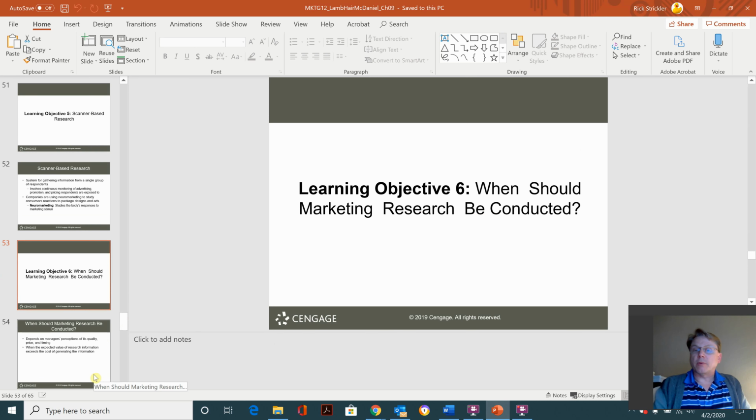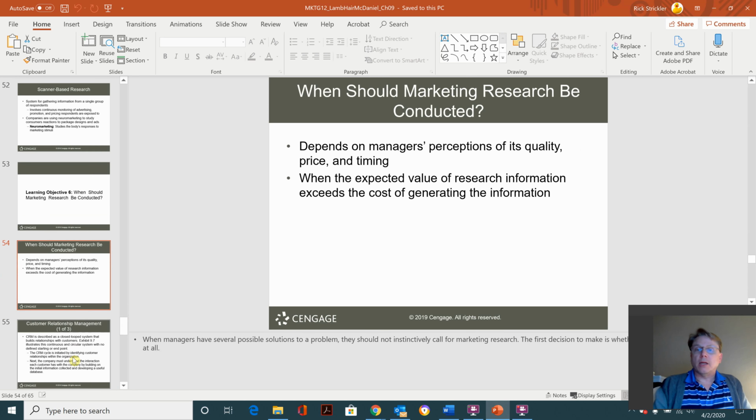And then, when should market research be conducted? It depends on the manager's perception of its quality, price, and timing. When the expected value of the research information exceeds the cost of generating the information. So if it's very inexpensive to do market research compared to actually implementing the market strategy, then you should do it.